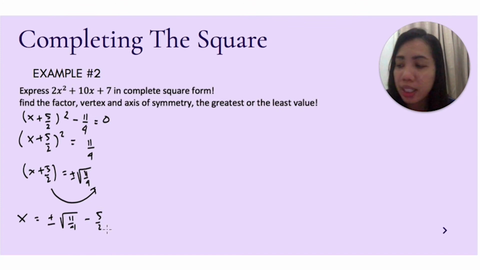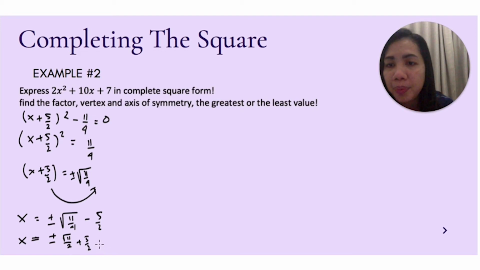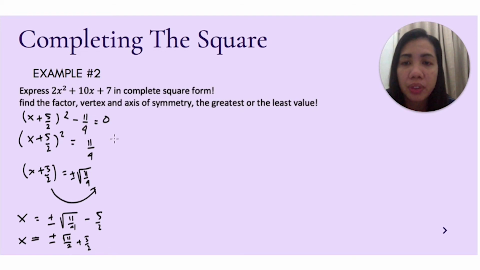This is actually the answer, or you can simplify this more. You take the square root of 4, so x equals positive minus the square root of 11 on 2, minus 5 on 2. So this is the final answer for the factors of this expression.